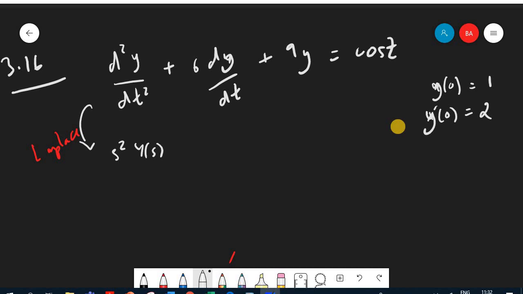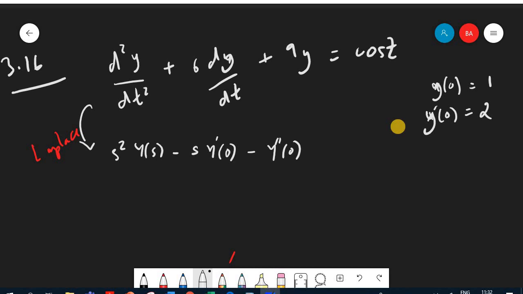And if you go to the solution, this is s squared y of s minus s y of 0 minus y prime of 0.